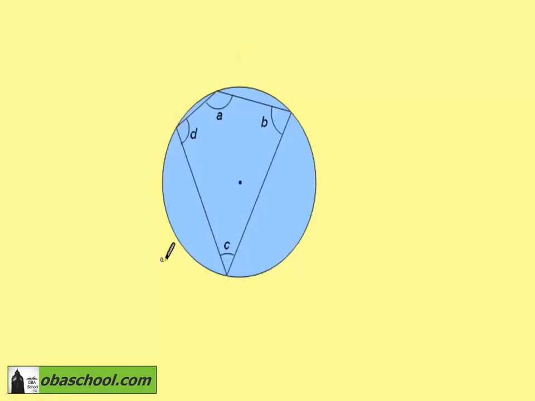Consider this circle and the quadrilateral within it, with all four of the vertices touching the circumference of the circle. The opposite angles add to 180 degrees.